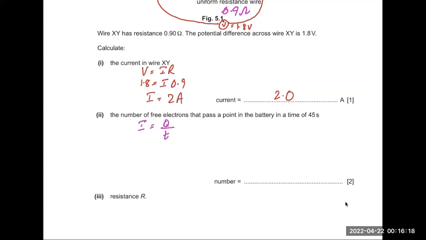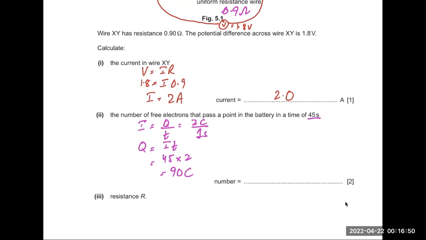It's charge per unit time, which basically means that a total of 2 coulombs of charge passes in 1 second. If I ask you, what is the total charge that passes in a time of 45 seconds? You know, Q is equal to IT. 45 multiplied by 2, basically 90 coulombs.